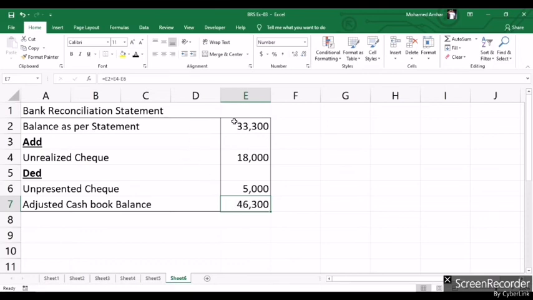But as the check is still not presented, the bank has not paid money, so the bank balance is more. So to get this answer from the statement balance, the unpresented check should be deducted. If you deduct this 5,000 from the statement balance, then we get the adjusted cash book balance.